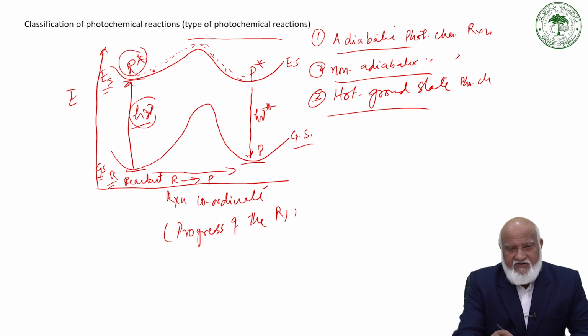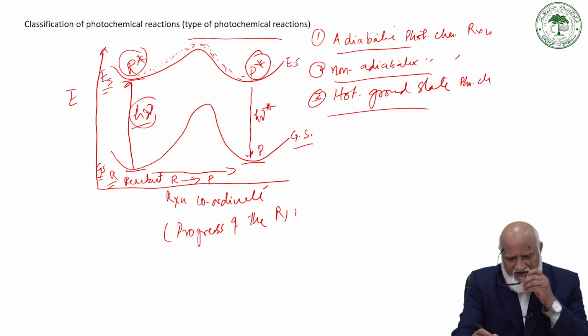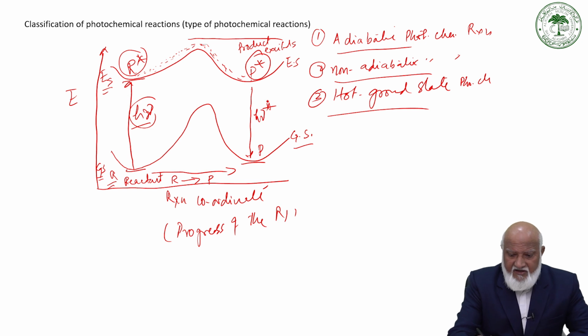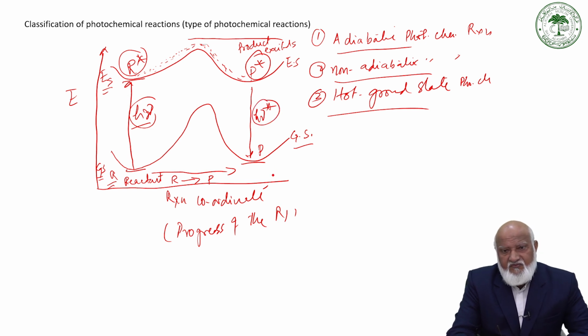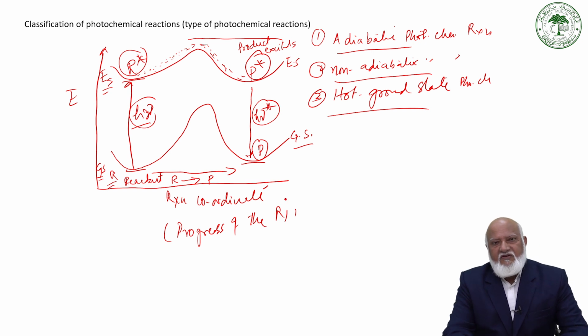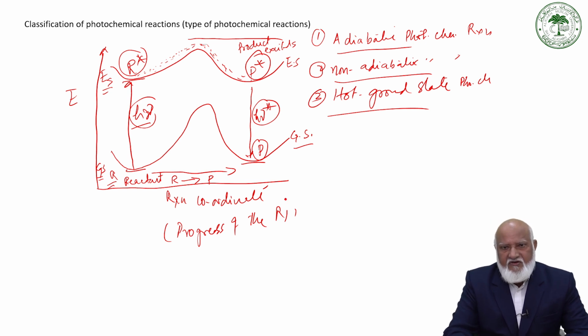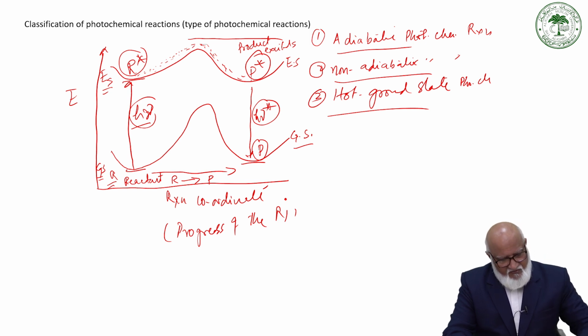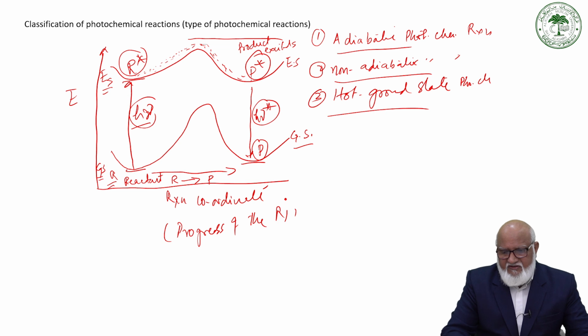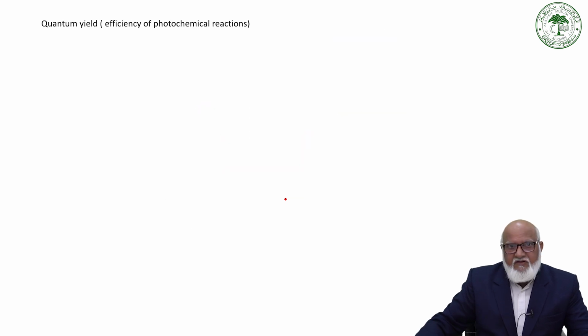The reactant in the excited state moves on the surface of the excited state and transforms to the product in the excited state. And then the product in the excited state loses light, either in the form of fluorescence or phosphorescence, and goes to the product in the ground state. So if the reaction is proceeding via this type of representation, you call it an adiabatic photochemical reaction.